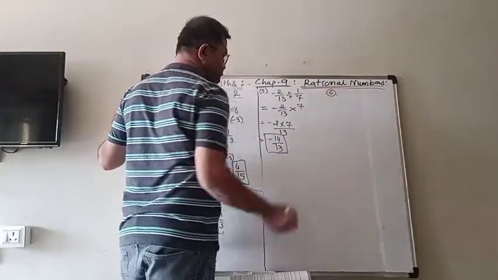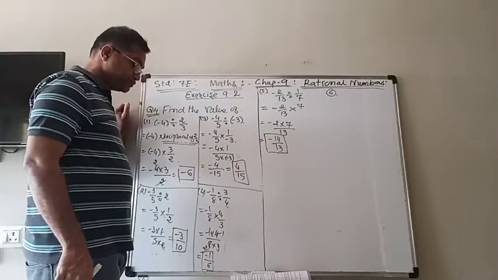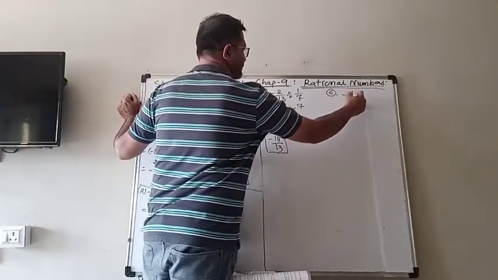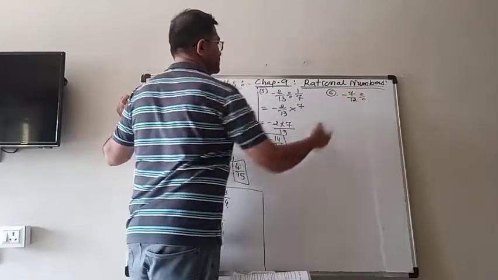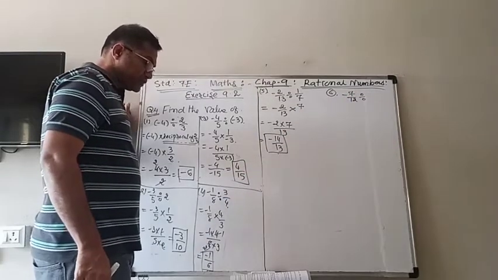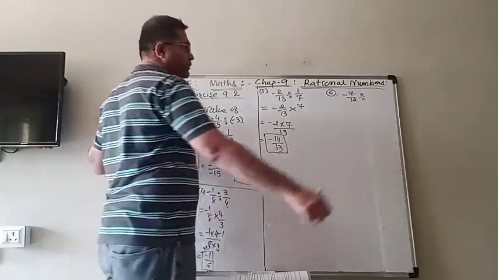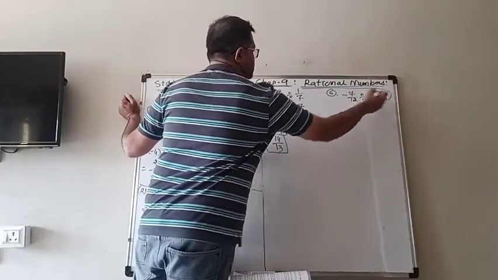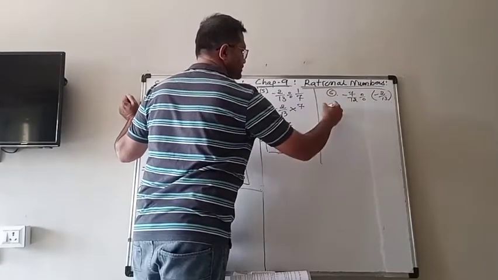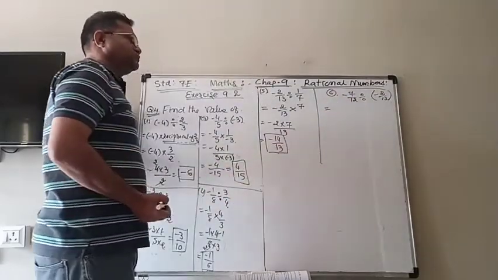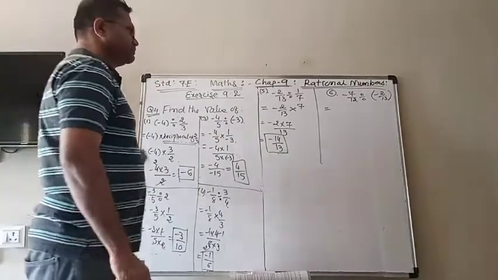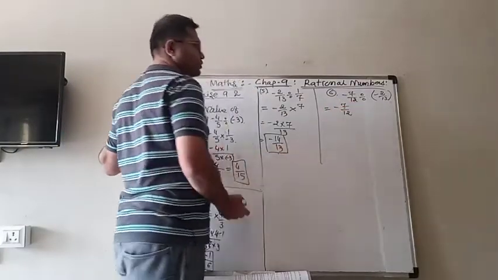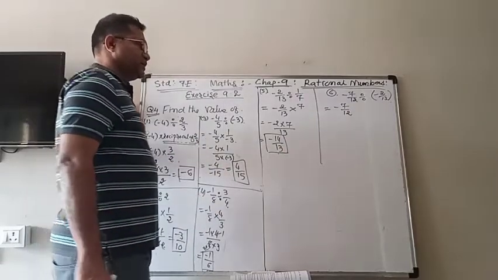Let's do the sixth one. The sixth sum is minus 7 upon 12 divided by minus 2 upon 13. So, also very simple. Minus 7 upon 12, we don't have to make any changes.